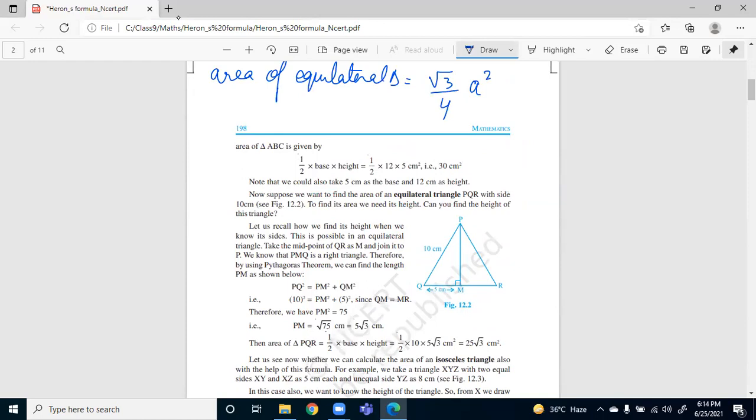It is root 3 by 4 a square, where a is the length of the side. So area of equilateral triangle is given by root 3 by 4 a square, and here a is the length of the side. This is a very important formula and you need to use it.